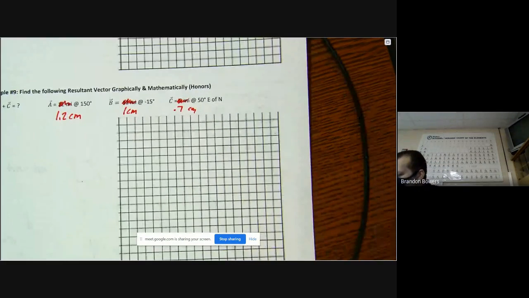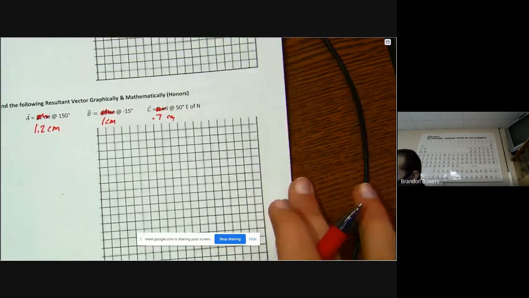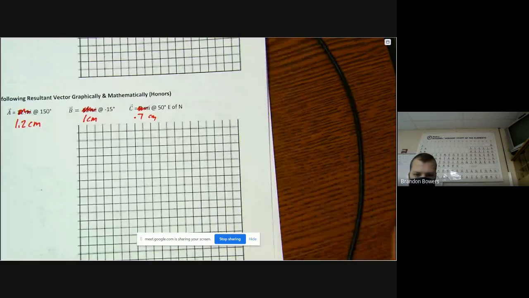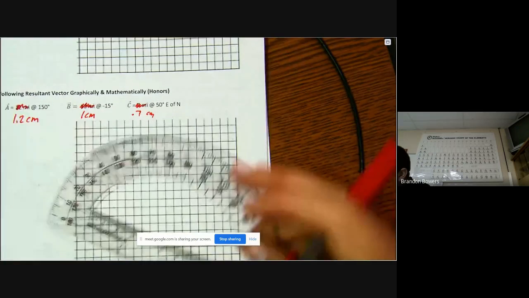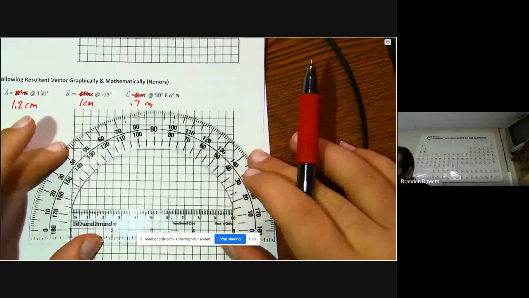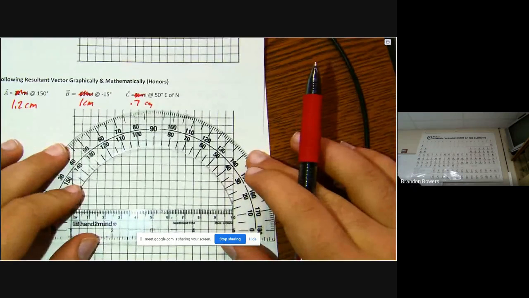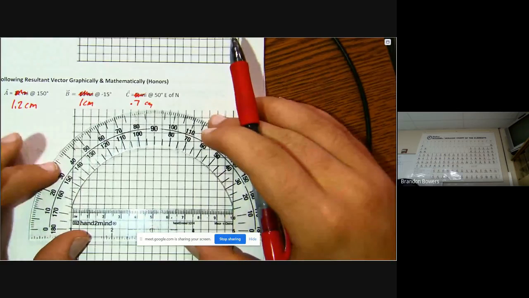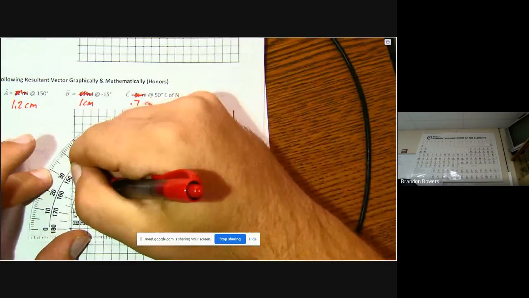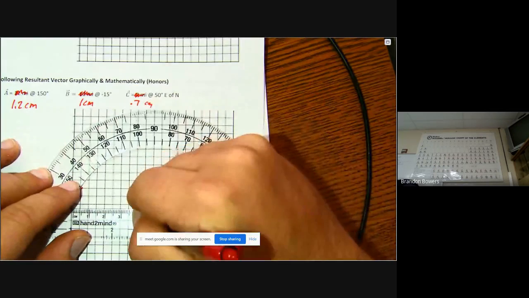Just as a quick review, I've got my compass here. The first one says 1.2 at 150 degrees. So I'm going to choose to start right there. That's where I'm starting. 150 degrees is way over here, and that's my start spot.